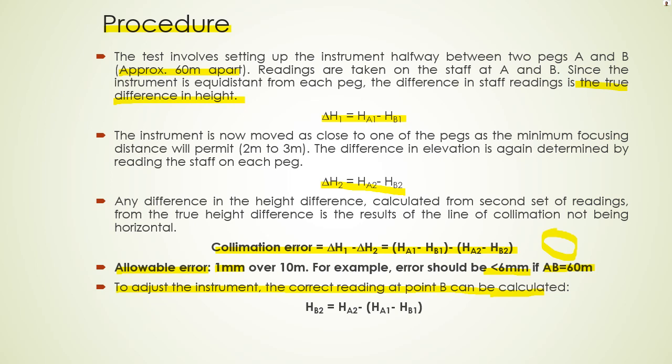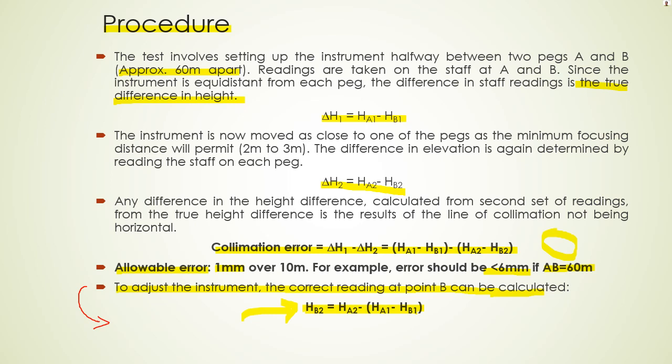To adjust the instrument, you will need to make sure that you have the correct reading at point B, and we can calculate the value at point B, and we will adjust the instrument until you get the correct reading at point B, just following the formula over here. So you are not doing these steps.